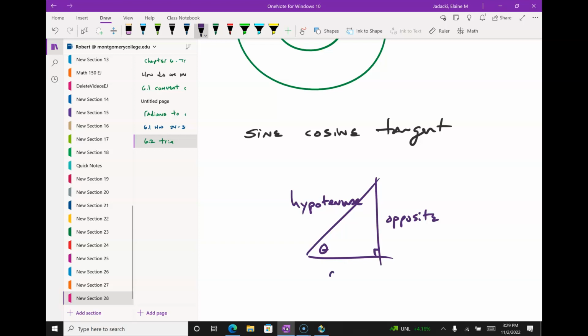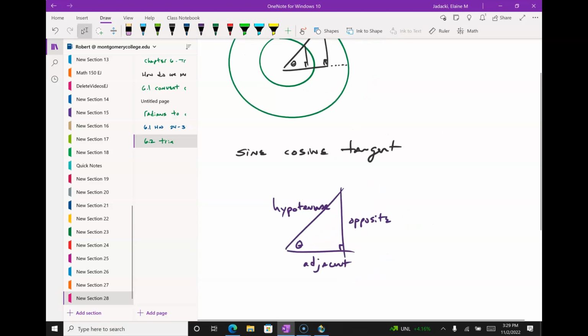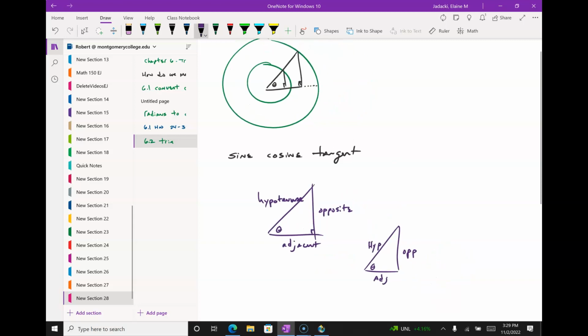Okay, and this side we call adjacent. So you'll often see it labeled like this: OPP, ADJ, HYP. And so we just looked at the opposite over hypotenuse ratio. How many sides are there here? 3. If I pick 2 of them, how many combinations is that? 3 choose 2. Does anybody know probability?